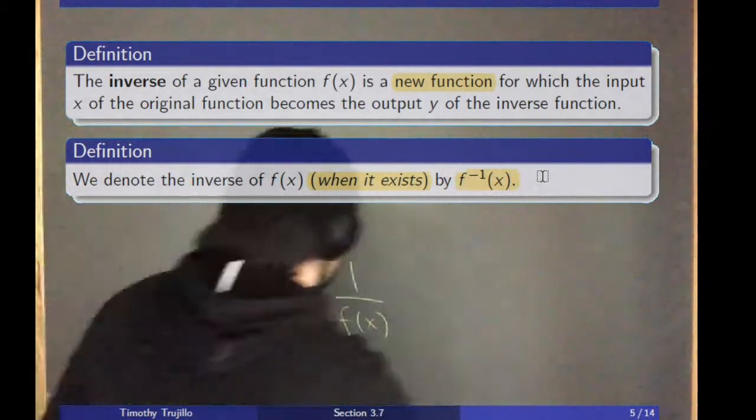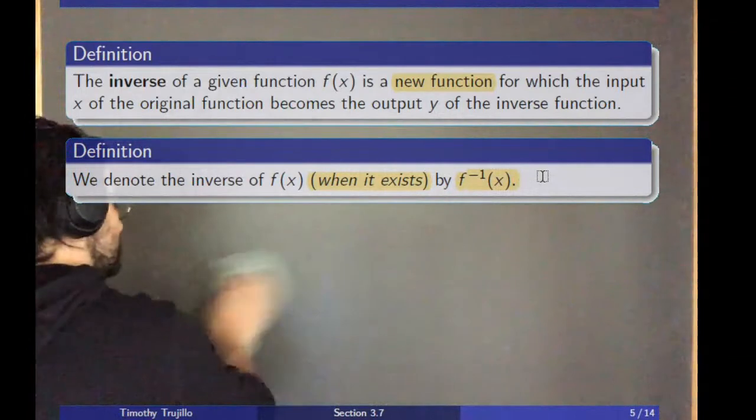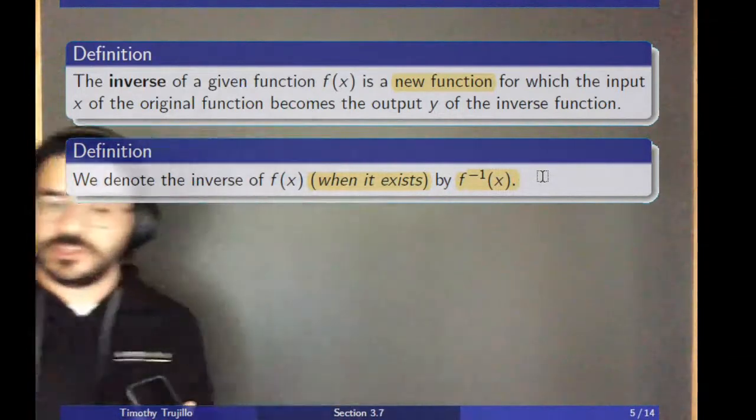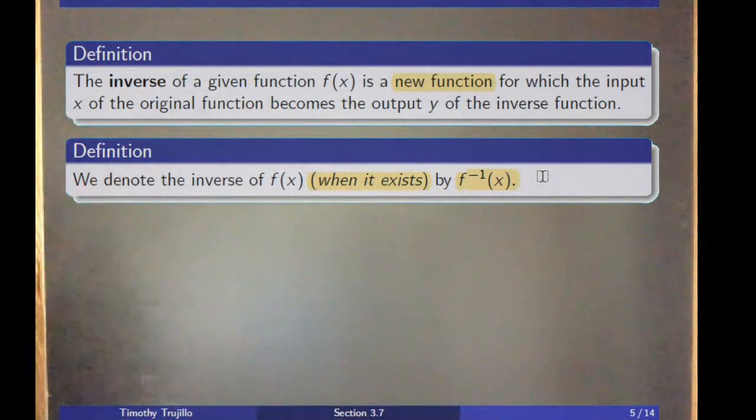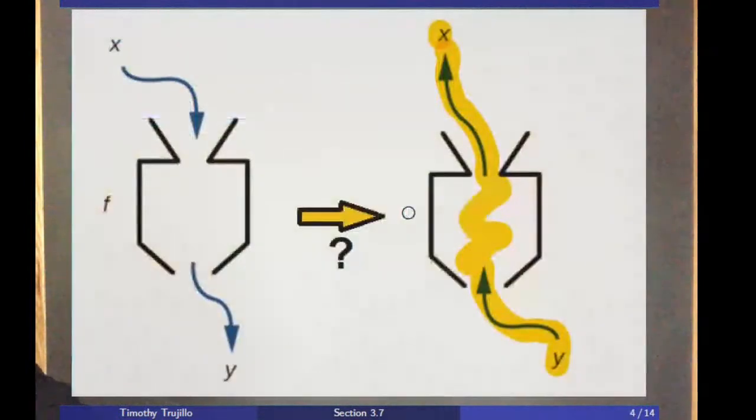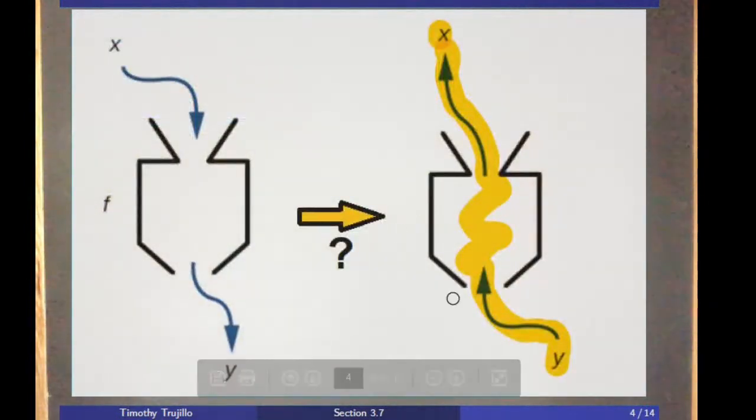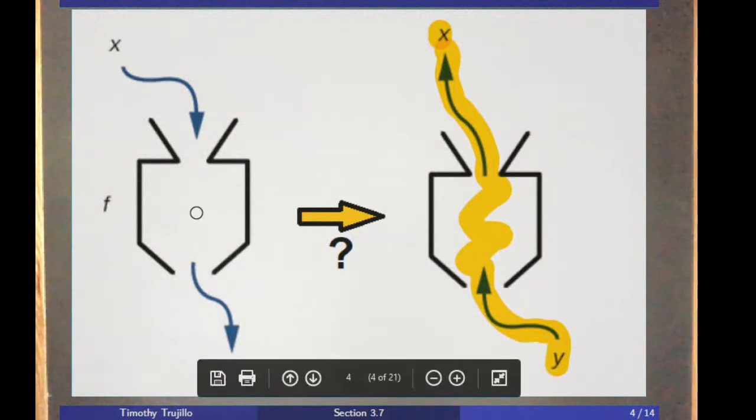So the first objective was, how do we determine if one function is an inverse of another? And it has to do basically with the picture that we saw over here. So how are we going to determine that this function really is undoing this function?